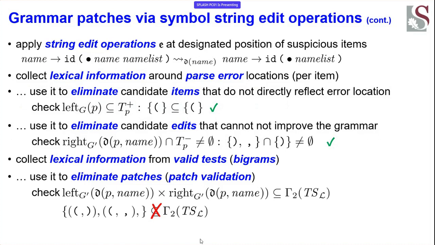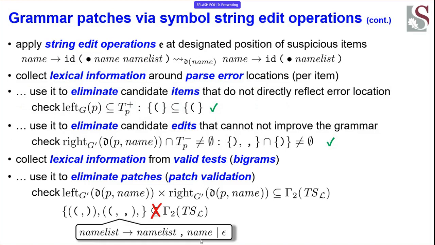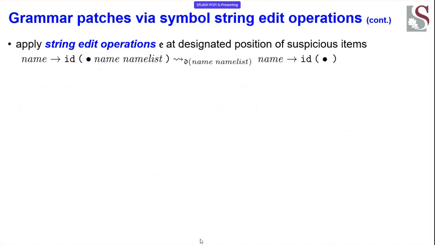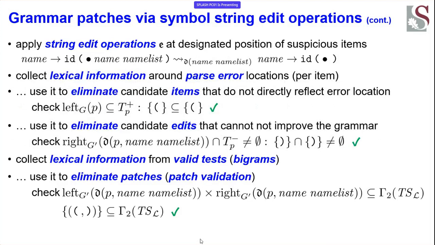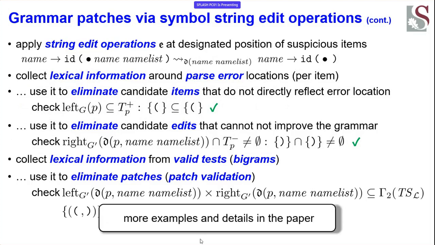So we rule out this patch. We can fix this actually by removing both name and name list, right? So in that case, everything works out as expected. There are more examples and more details in the paper.